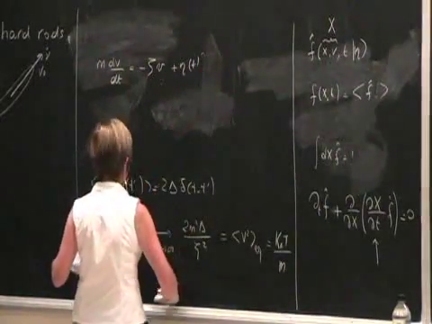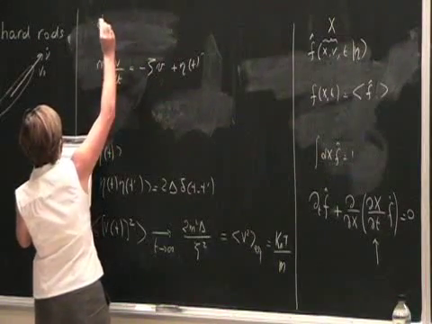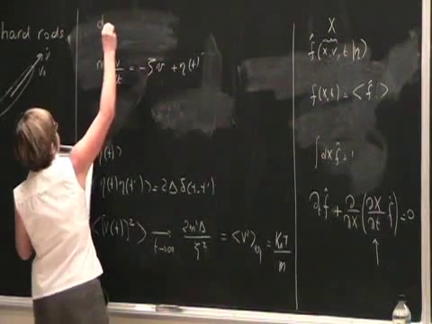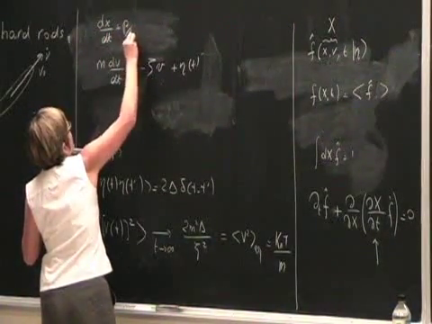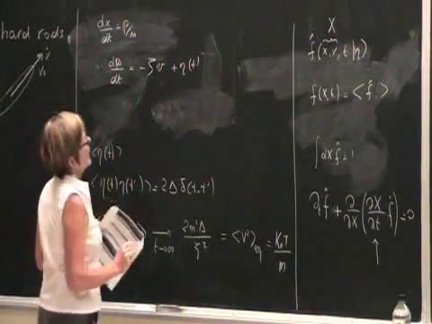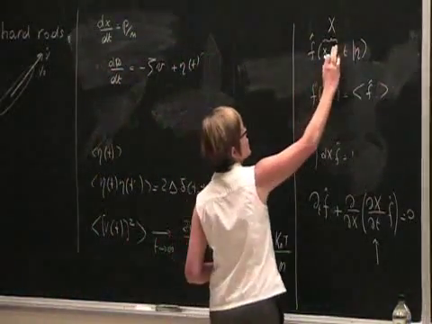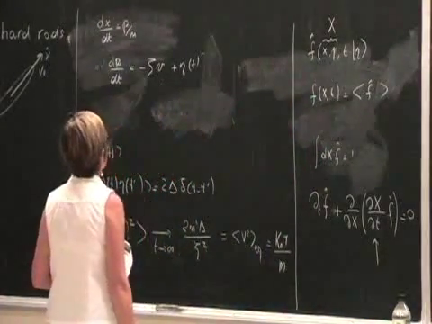Let's do it this way. Let's see what I want to write. Okay, let's write it this way. And let's use the momentum. So a little bit better, same thing.